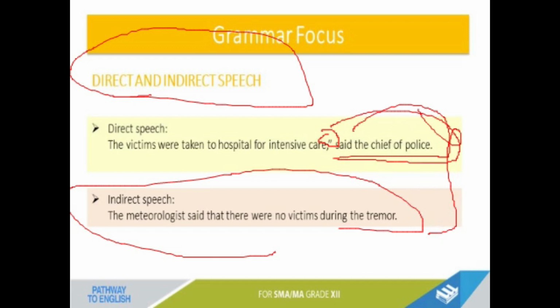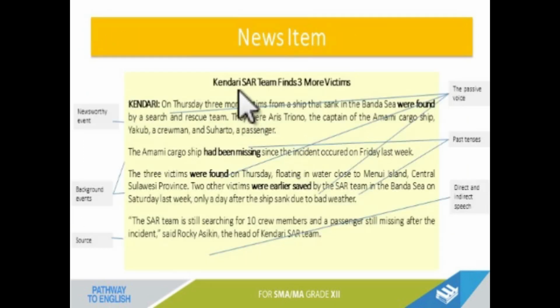Now we come to the example from earlier. Here, about the ferry, you can see the use of passive voice: had been missing, were found, were earlier saved. These are passive. And then there are past tenses. Past tenses are also found in passive voice.